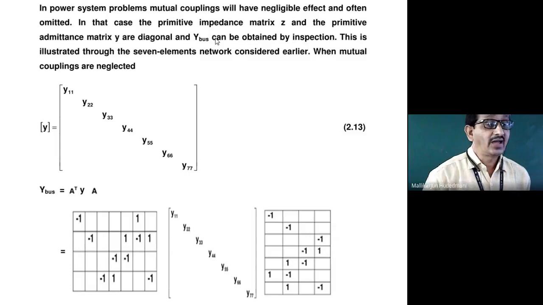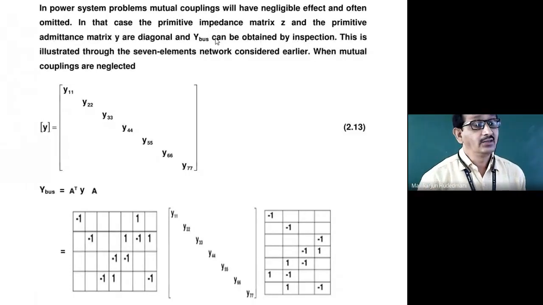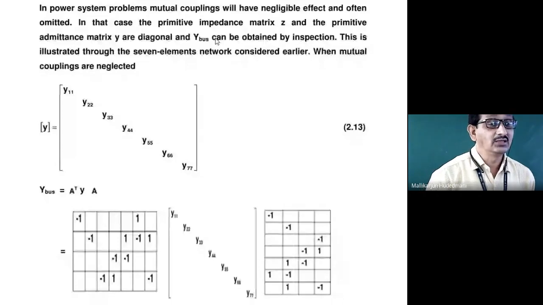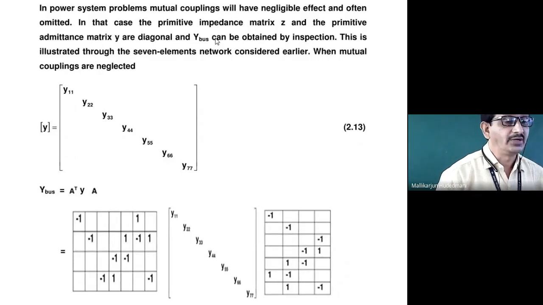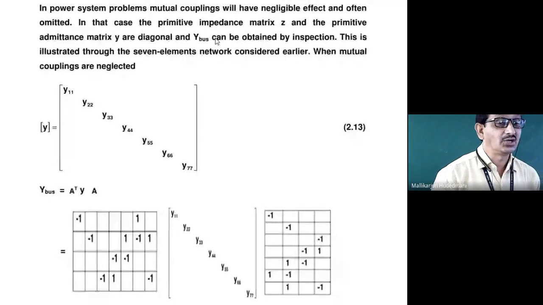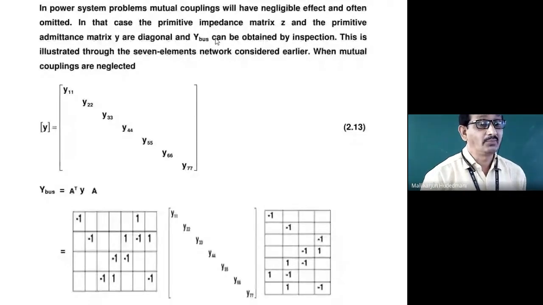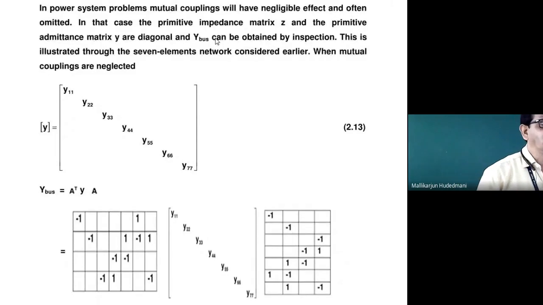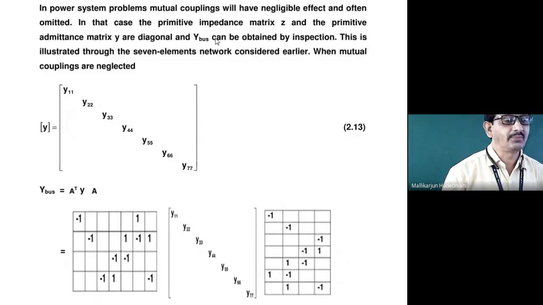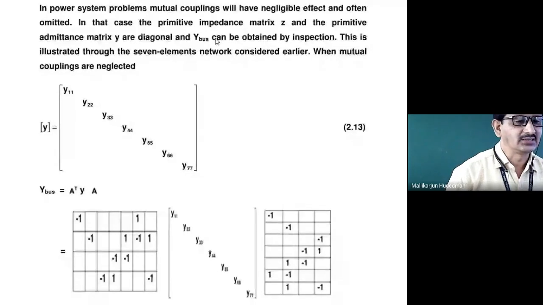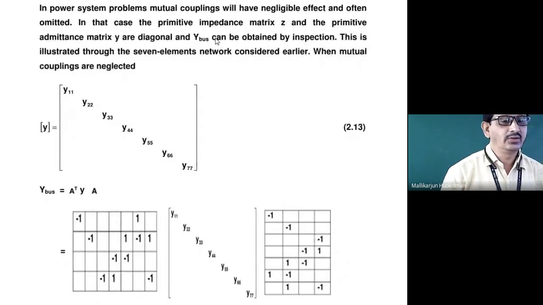When I have the A matrix ready, A transpose I can get, and Y primitive ready, look at the representation. Therefore, Y bus of the given problem is A transpose Y primitive into A. I wrote the equation there. I have placed the A transpose matrix at the start, then the Y primitive matrix, which is diagonally placed, then the A matrix.